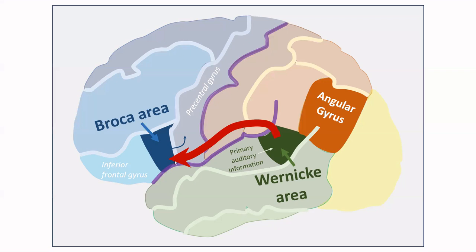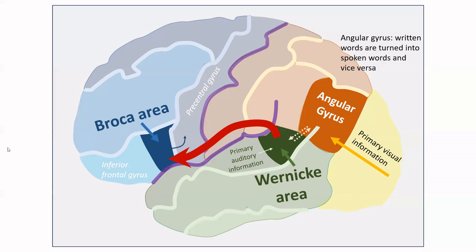And as said, Geschwind added the angular gyrus because he believed this was a hub in which primary visual information, so if you read something that is also language information but in a visual form, needs to be translated into word information. He believed that this happened by way of the angular gyrus, which is basically an intermodal area between auditory information and visual information.